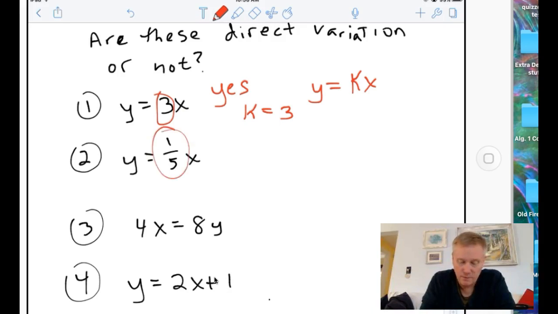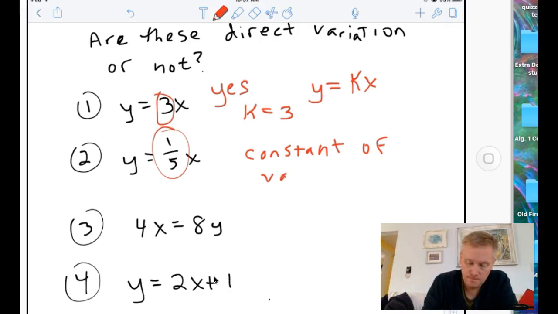This one is also direct variation. The slope is 1/5, which is k. If they were to ask what is the constant of variation, you would say it is 1/5 in number 2. So that's also a yes.